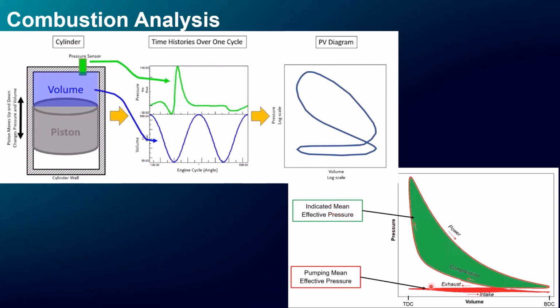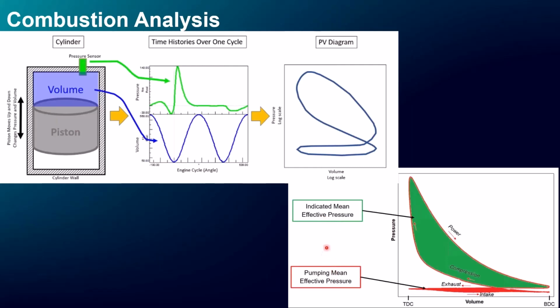PMEP, on the other hand, represents the losses due to pumping effects. So you want to have that at a minimum, and you want to have IMEP higher. The difference between these two, IMEP minus PMEP, gives the net mean effective pressure, NMEP.